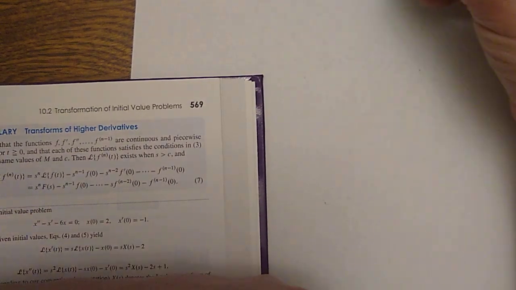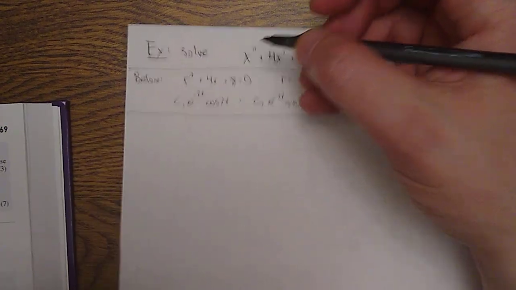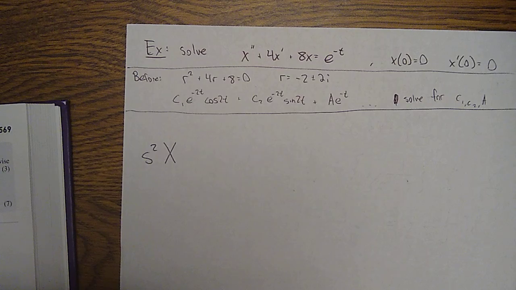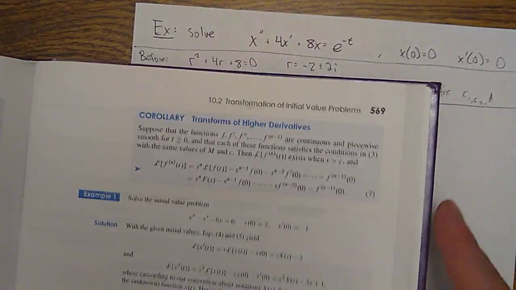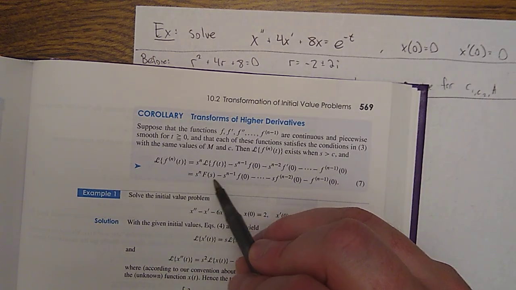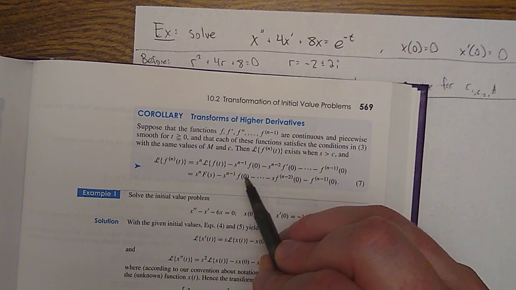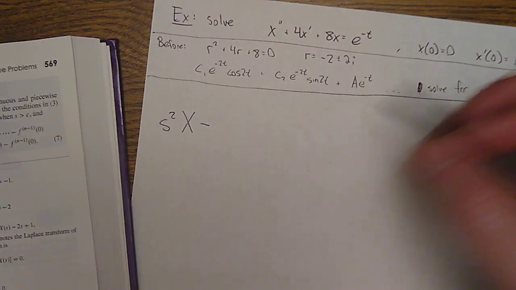So when I do the Laplace transform of this side, when I'm doing x double prime, I get s squared capital X. And then according to this formula, I do s to the n times the Laplace transform, and then I subtract off, well, this is going to be 0. And then the next term would also be 0 because it's f prime of 0.